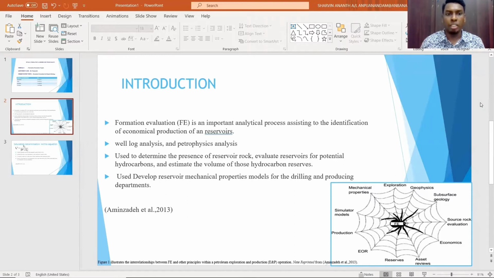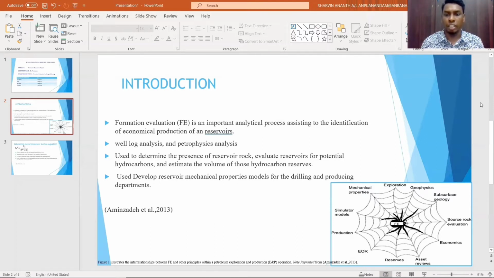So formation evaluation is actually used to determine the presence of reservoir rock, evaluate the reservoir for potential hydrocarbons, and also to estimate the volume of hydrocarbon in the reserves. It is also used to develop reservoir mechanical properties models for the drilling and producing departments.